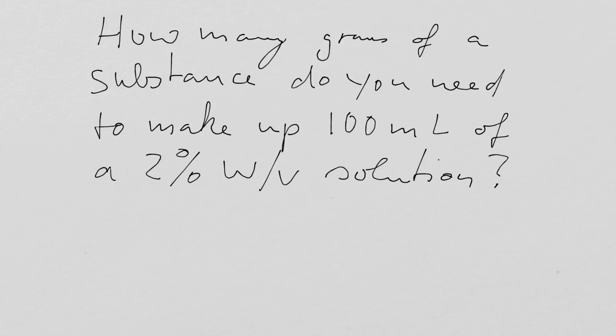So we want a 2% weight per volume solution. 2% means 2 gram per 100 milliliter. And indeed, we want 100 milliliters, so how many grams do you need? 2. Very simple, very easy. Okay? Does that make sense to you? It's not technically terribly exciting and challenging. You just need to know what it actually means.